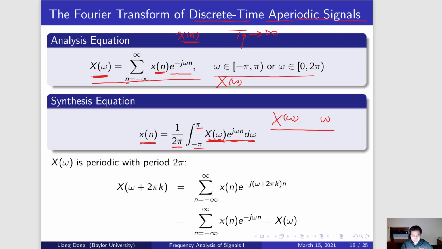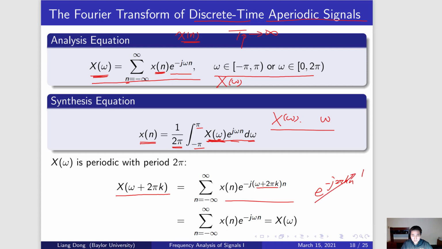Mathematically, to show that, if I have a frequency domain signal X(omega plus 2 pi k), we plug in using the analysis equation. So we change this omega to omega plus 2 pi k. And similarly, we find that this term, e to the negative j 2 pi k n, is an integer multiple of 2 pi.